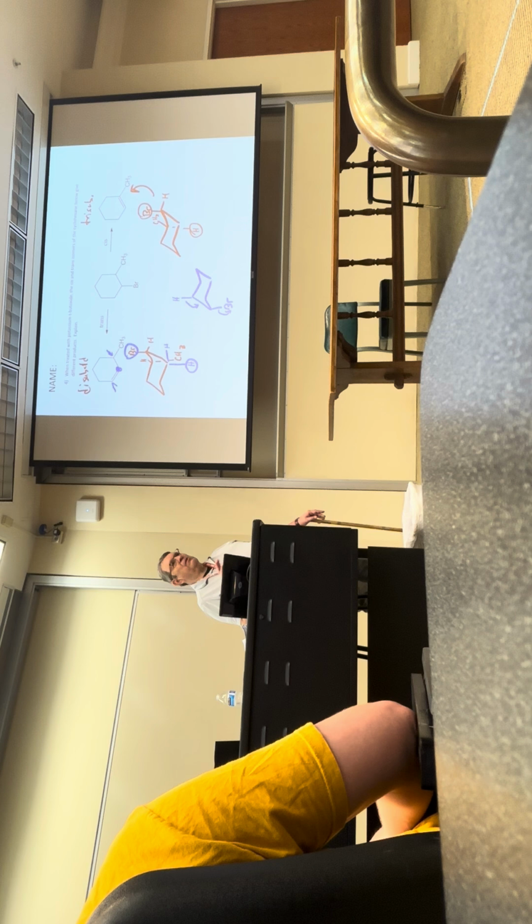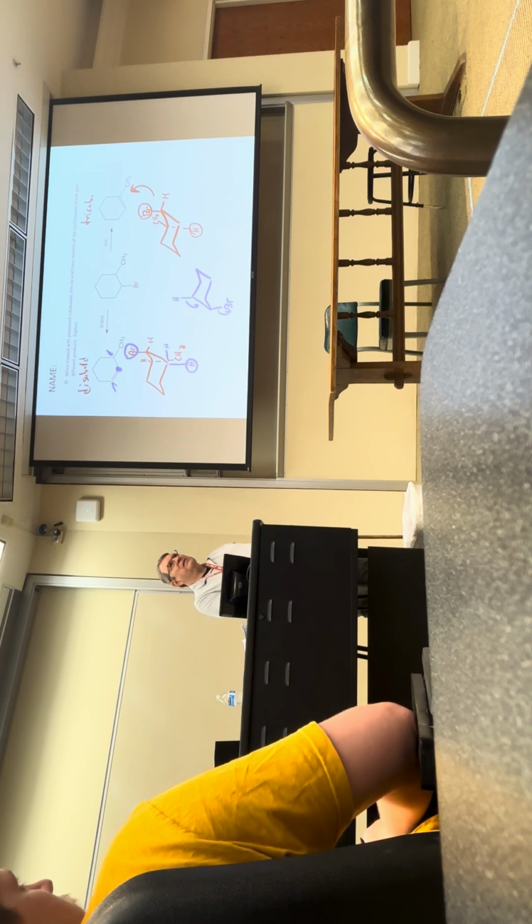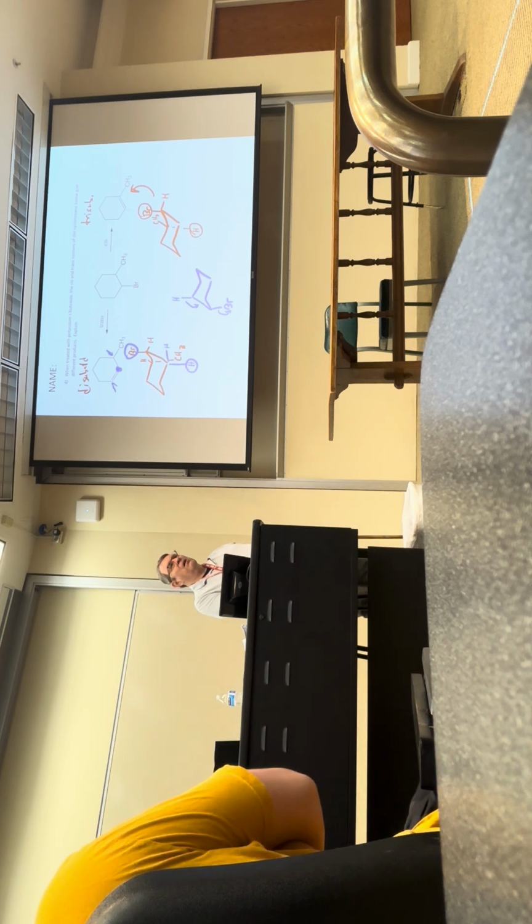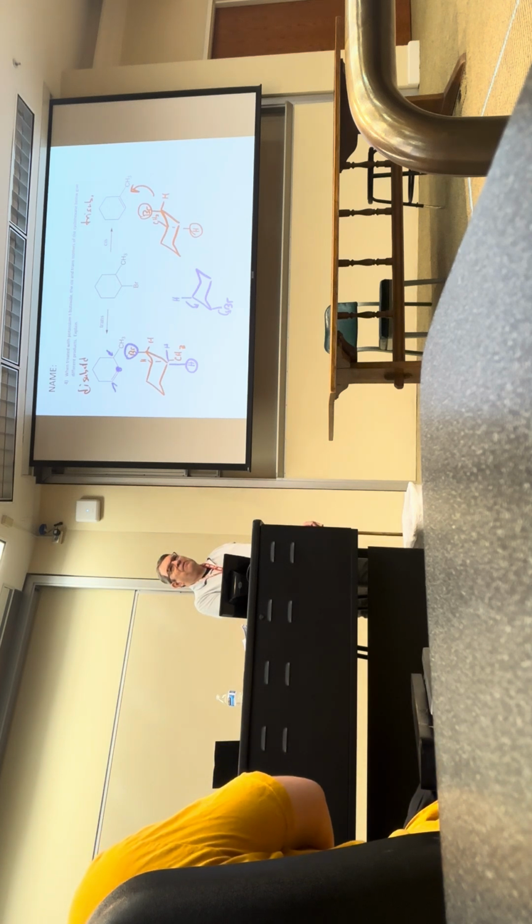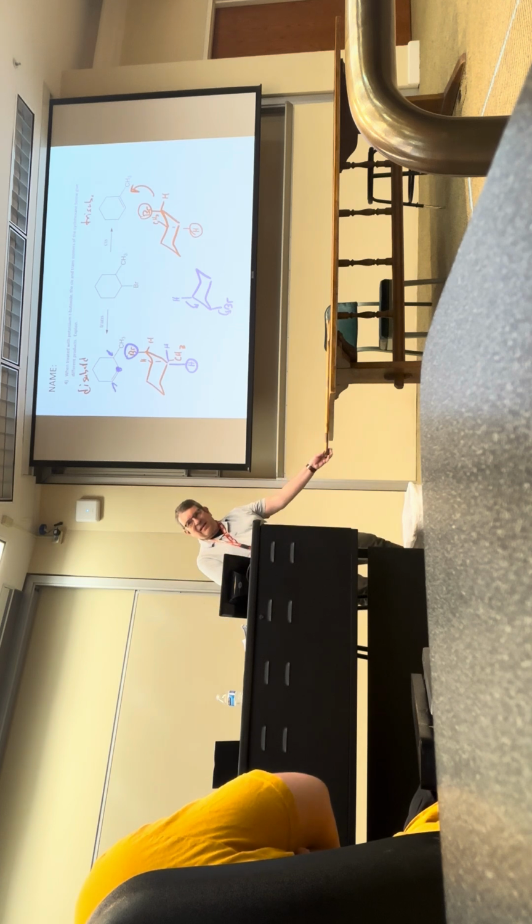It's kind of a picky example, but it does illustrate very strongly the demands of this geometry. You have to have these groups pointing like this, or else you don't eliminate.